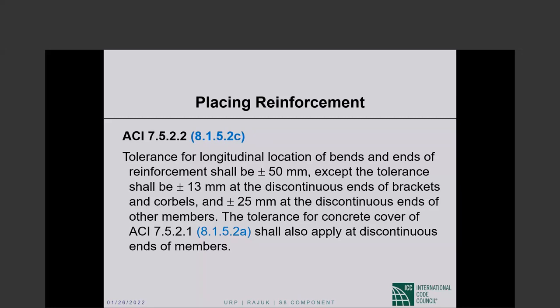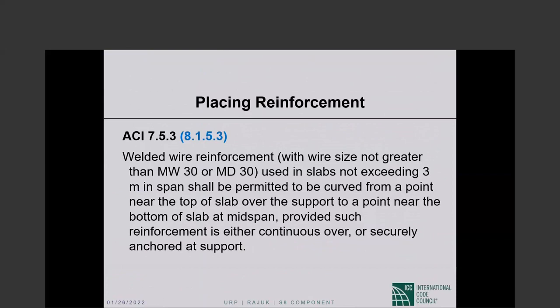Pretty clear cut. You just have to read it once or twice. The tolerance for concrete cover shall also apply at discontinuous ends of members. So the side cover at the discontinuous end will be the same as the cover that we talked about.